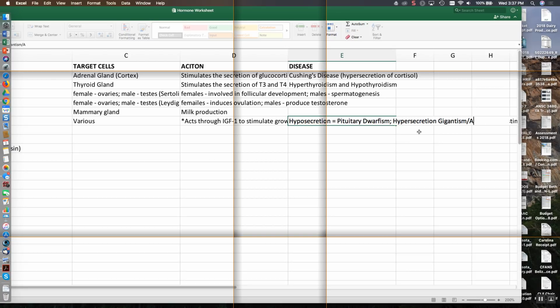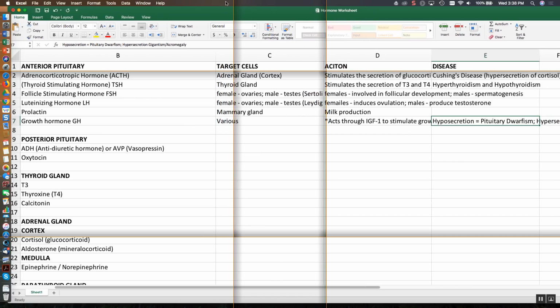Acromegaly. Anybody remember the difference between gigantism and acromegaly? Puberty, yes. If the pituitary tumor occurs in puberty, that would cause gigantism. After puberty, it would cause acromegaly.